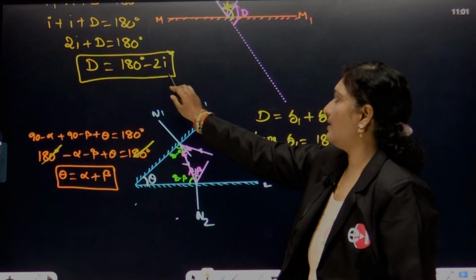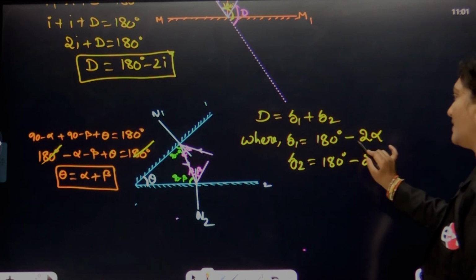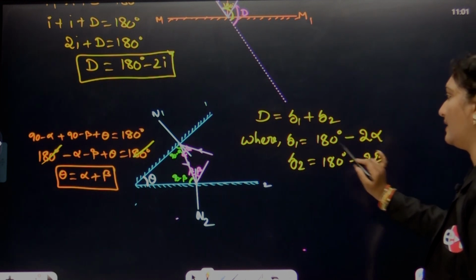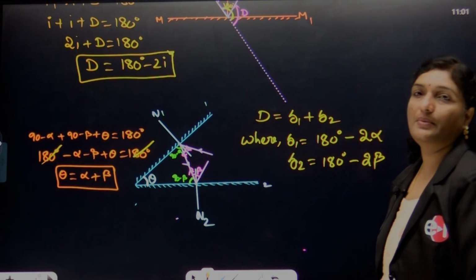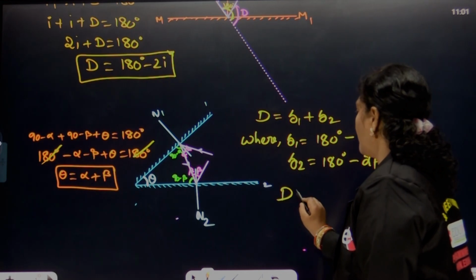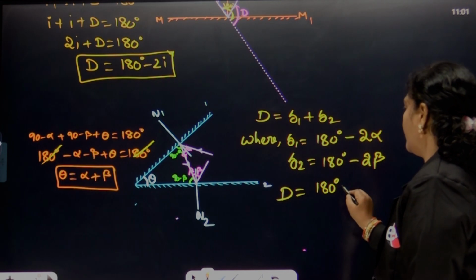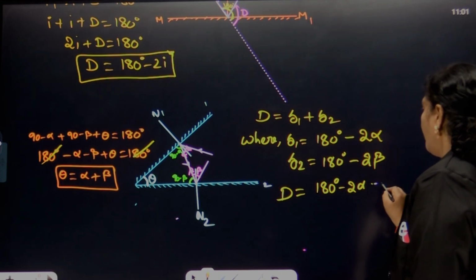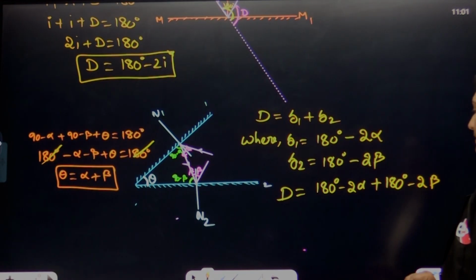So, based on the above formula, I am directly using that. Deviation is equal to 180 minus 2 times the incident angle. So the first mirror incident angle is alpha, the second mirror incident angle is beta. So the total deviation produced is equal to delta 1 plus delta 2, that is 180 degrees minus 2 alpha plus 180 degrees minus 2 beta.